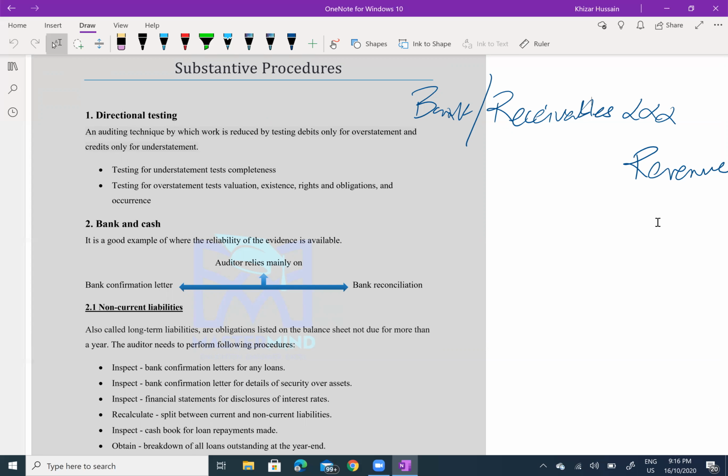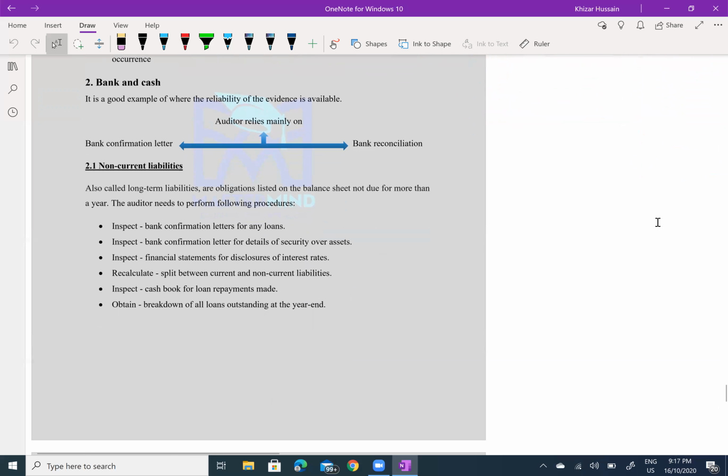All right. Now there's a balance over here that you have, which is bank and cash. The best way to vouch, to verify a bank balance is through a bank confirmation letter, and, as I told you earlier, through bank reconciliations.